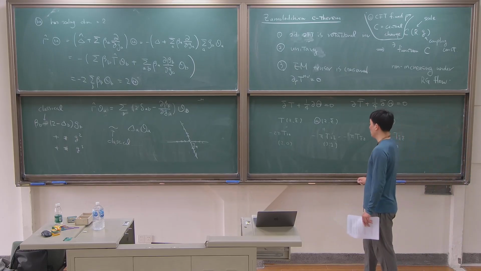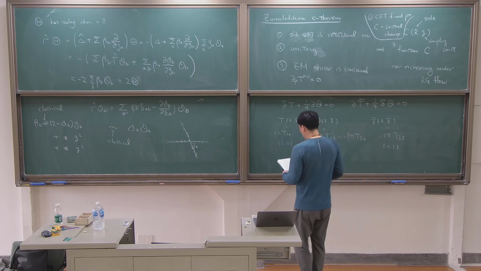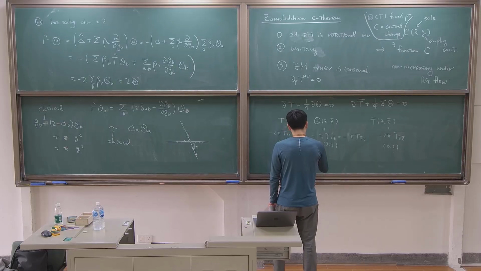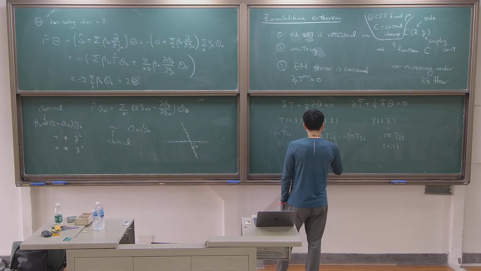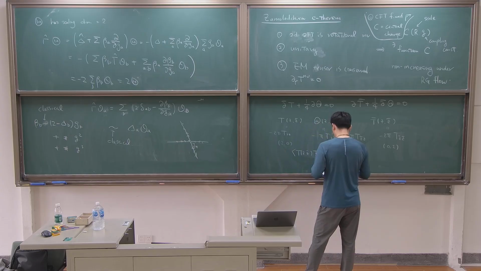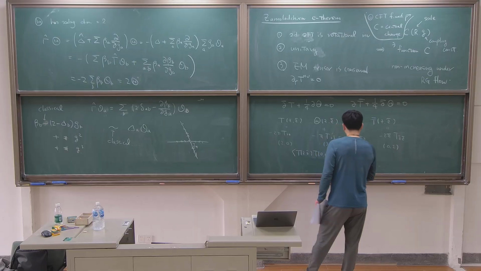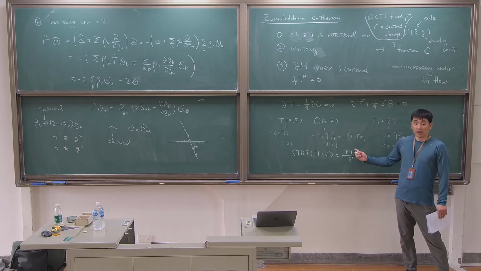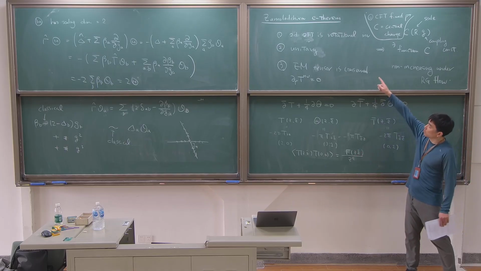Therefore, if we consider the TT correlation function, the assumptions will tell you that it scales always like this way, with functions F and so on for T and T bar.